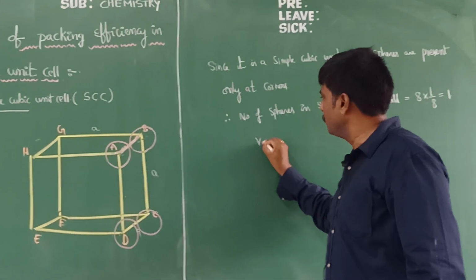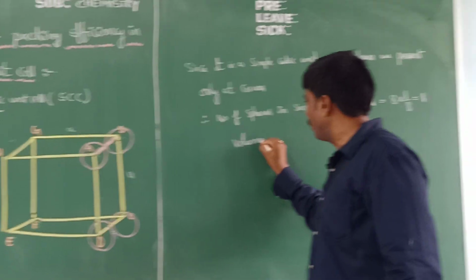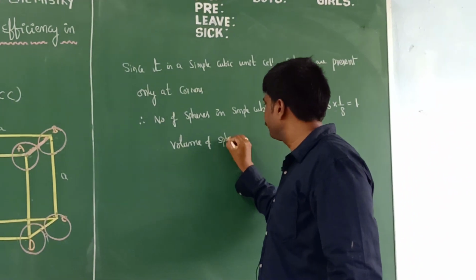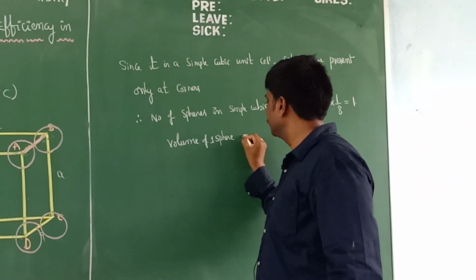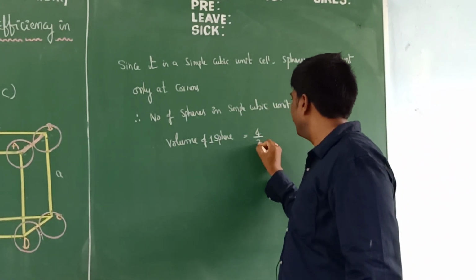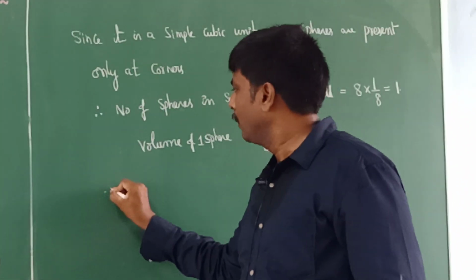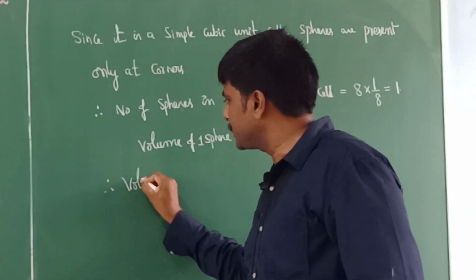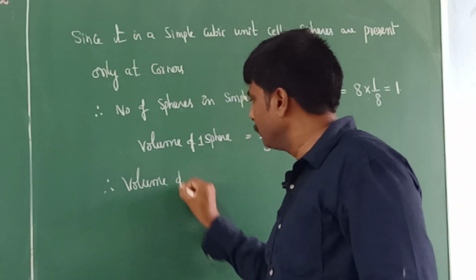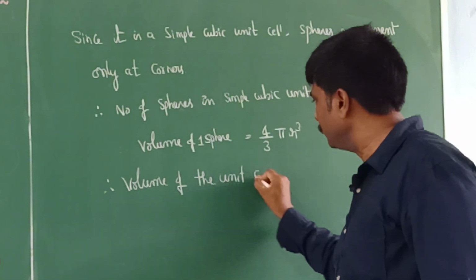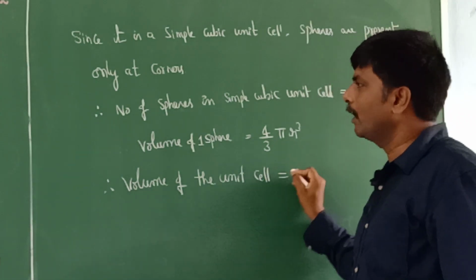Therefore, volume of one sphere is equal to 4 by 3 pi r cube. But what is the volume of the unit cell?